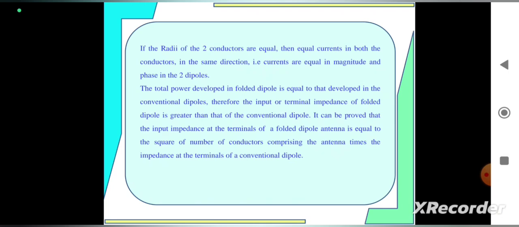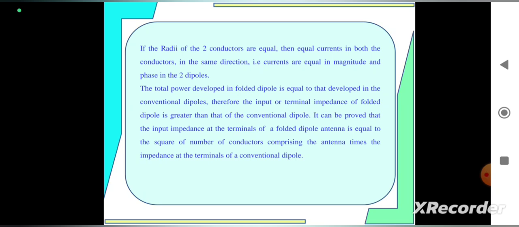The total power developed in the folded dipole is equal to that developed in the conventional dipole. Therefore, the input or terminal impedance of the folded dipole is greater than that of the conventional dipole.